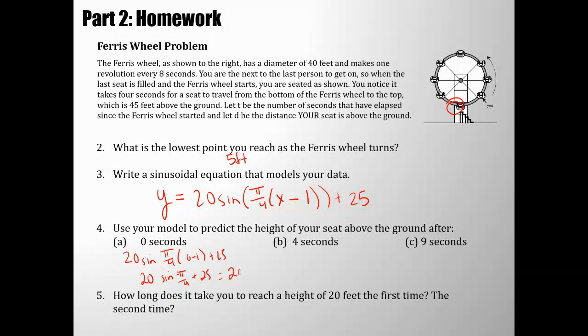So this is 20 times negative 1 over root 2 plus 25. I'll pick up my calculator at the end. So I've got negative 20 over root 2, which is negative 10 root 2 plus 25. So negative 10 root 2 plus 25 gives me 10.86. So this 10.86 is approximate feet.